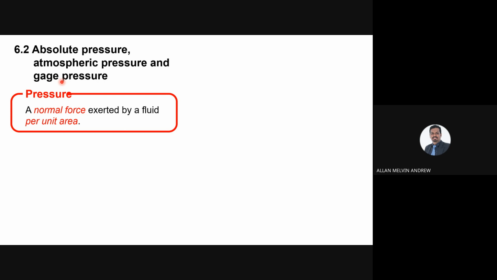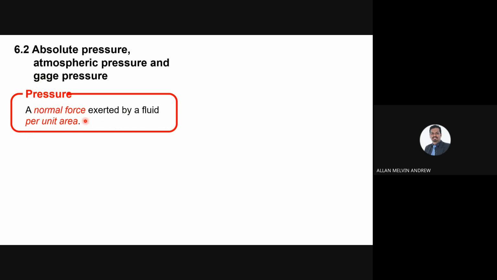That's why most of the devices will start from zero, but practically it is not zero, because there will be some pressure acting on the body due to atmospheric pressure. But for us to easily understand, we start from zero because we are only measuring the gauge pressure. Okay, gauge, not G-A-G, yeah? G-A-U-G.